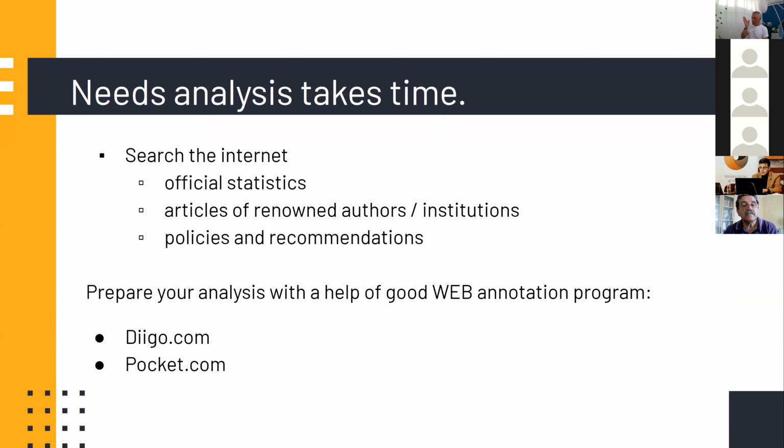What is the policy? What is the recommendation to be developed in the next year? So you can use that. And when you're preparing the analysis, use a web annotation tool. I already talked about them in my previous webinars, for example Igor or Pocket, so you can select sentences or parts of a website and then put them in one place that you can look at later when you try to define what is best for your product.